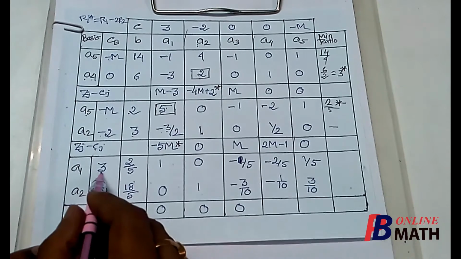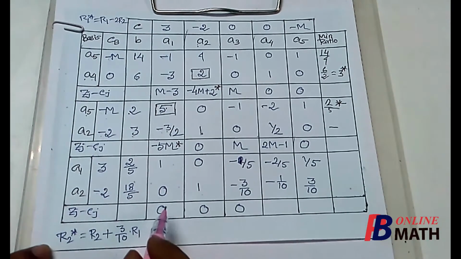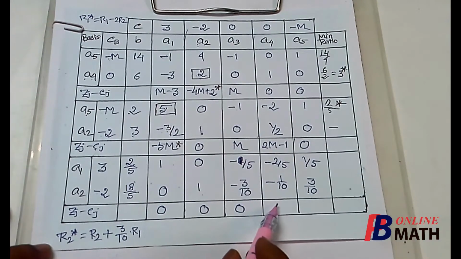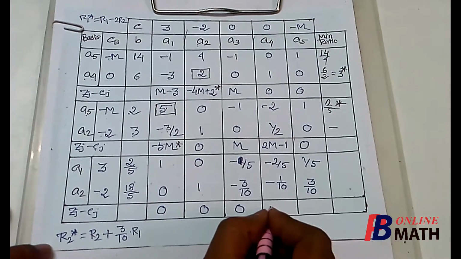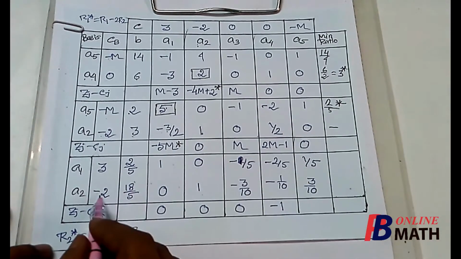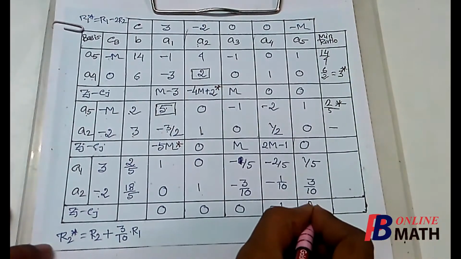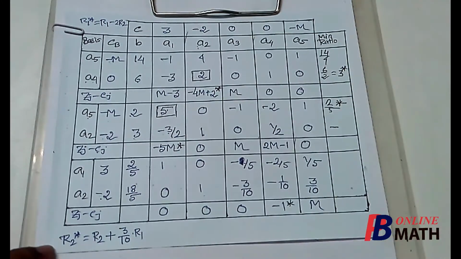This one will be minus 6 by 5 plus 2 by 10, which is minus 5 by 5, so it is minus 1. And finally this one, 3 by 5 minus 3 by 5 plus m, so it is plus m. From the values of Zj minus Cj we find that only one value is negative, which is minus 1. So the solution is not optimum.